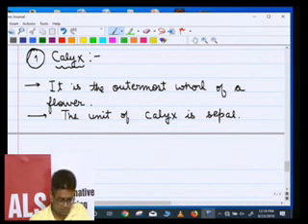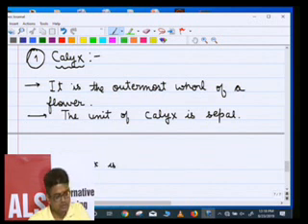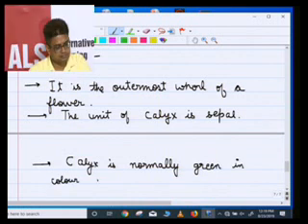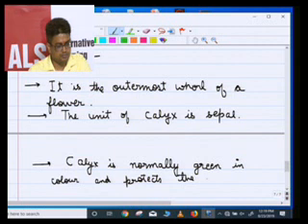Calyx is normally green in color and protects the flower in the bud stage.